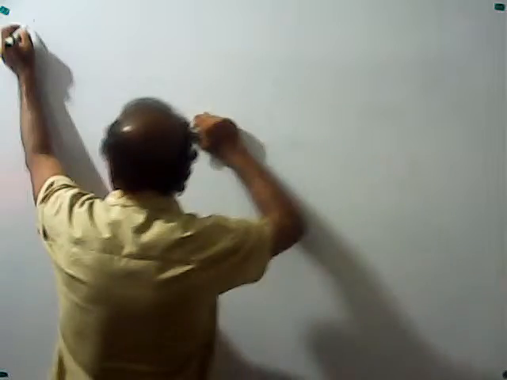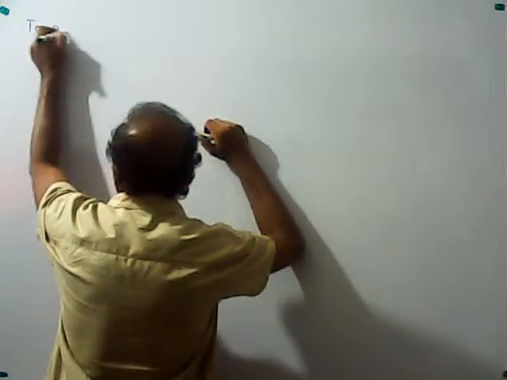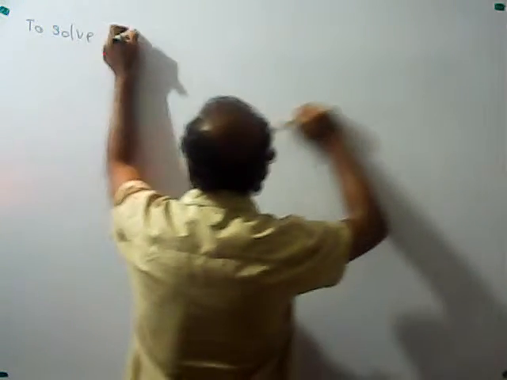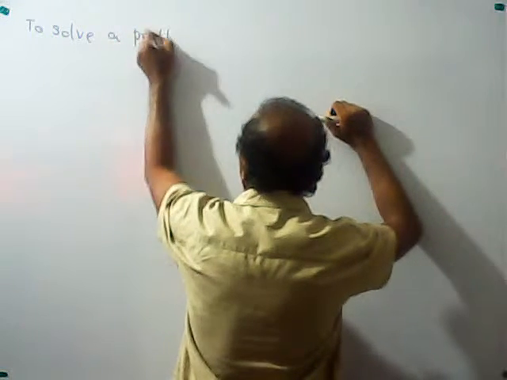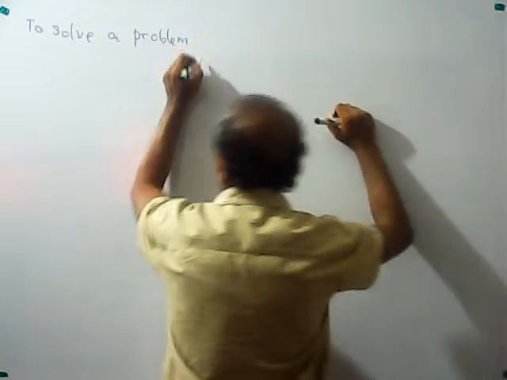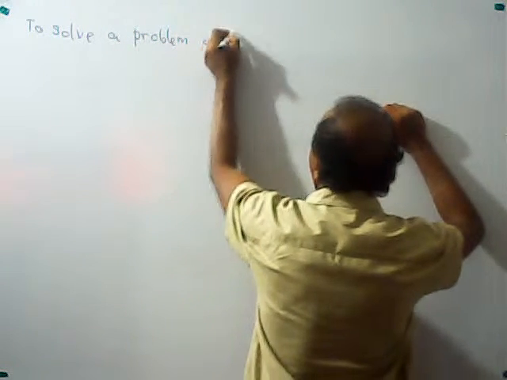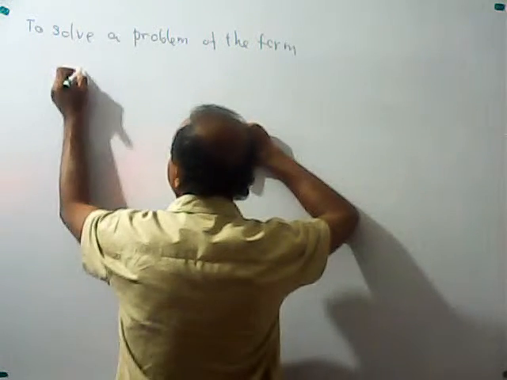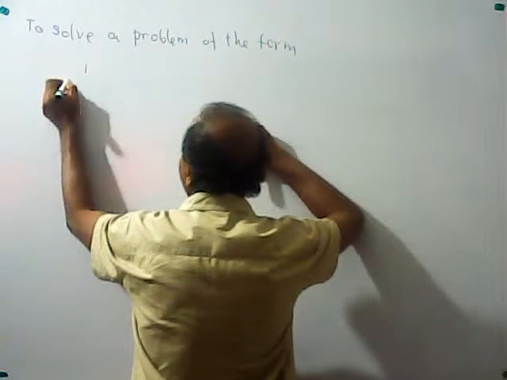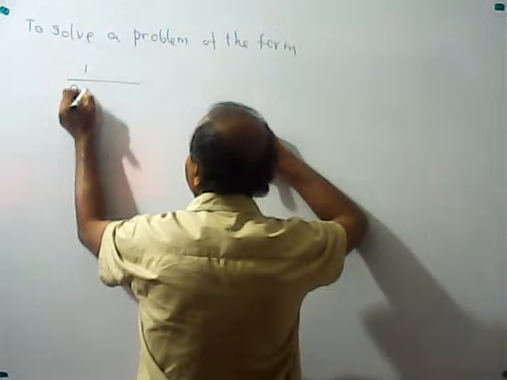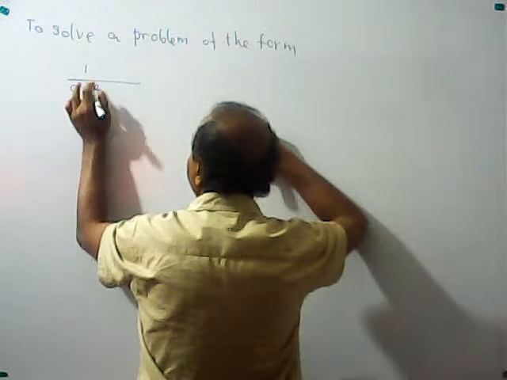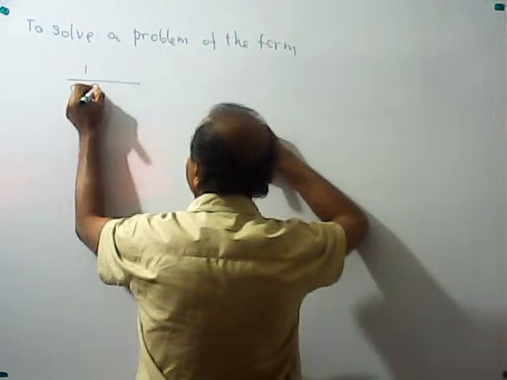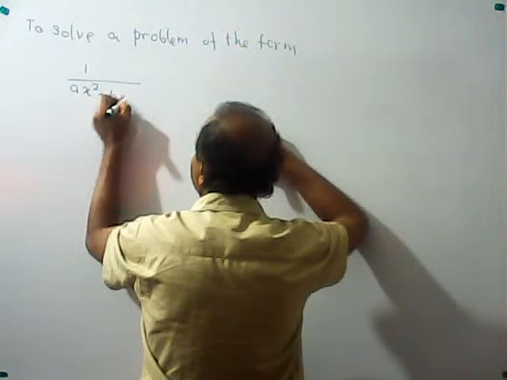Now, this is the model to solve a problem of the form 1 over a quadratic, ax squared plus bx plus c.